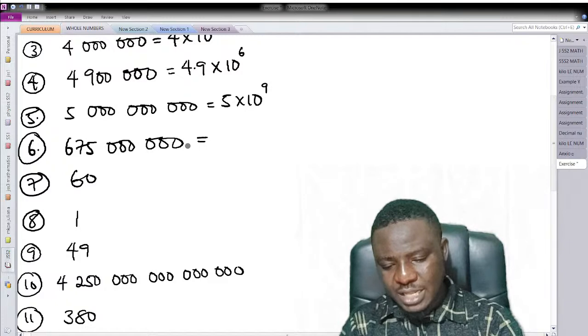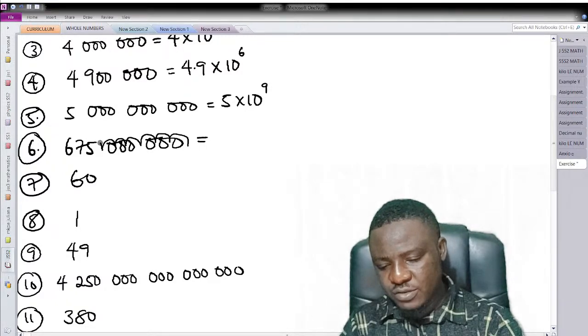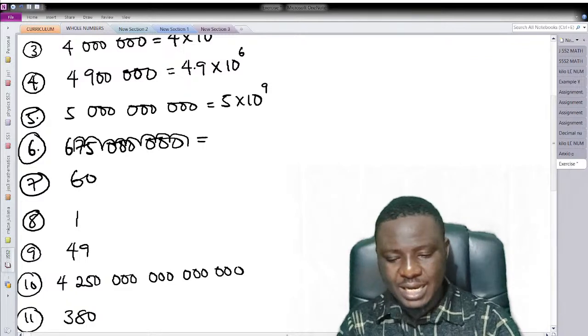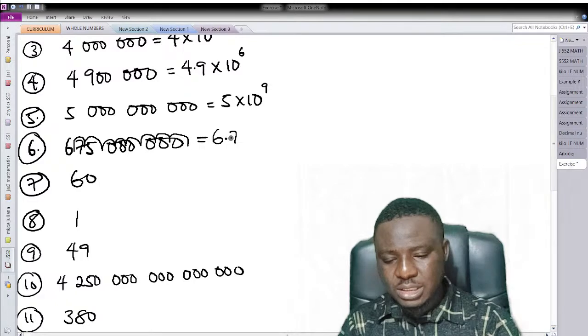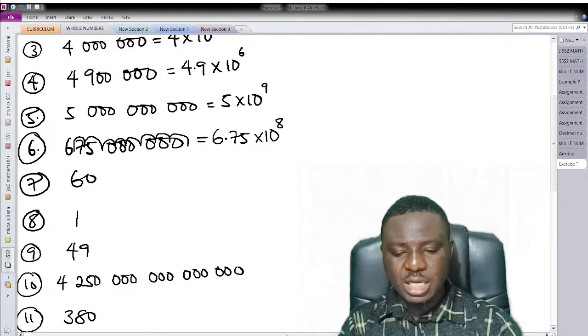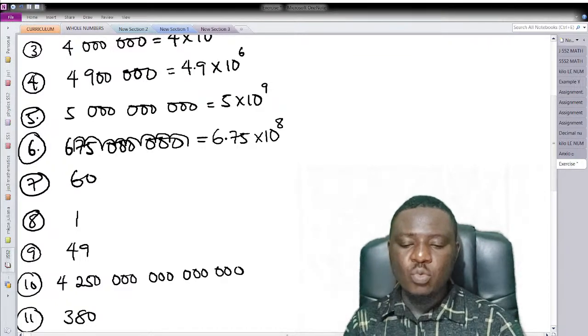So when you move the decimal point 1, 2, 3, 4, 5, 6, 7, 8 times, your answer then becomes 6.75 times 10 raised to the power of the number of times the decimal point is being moved, which is 8.